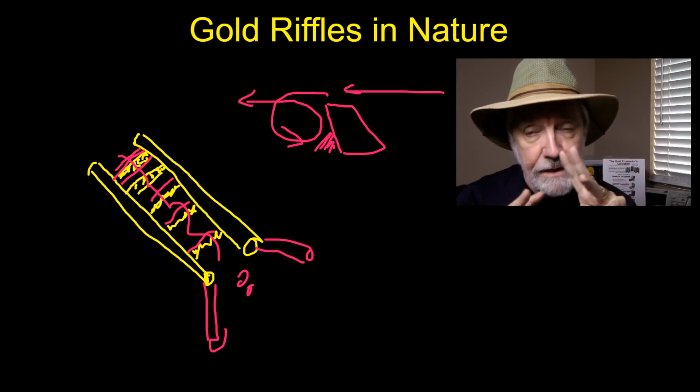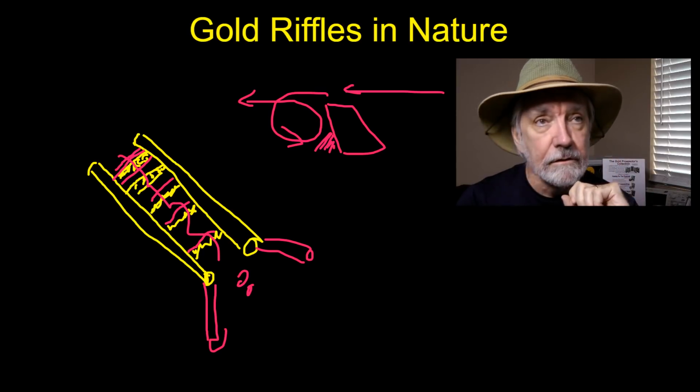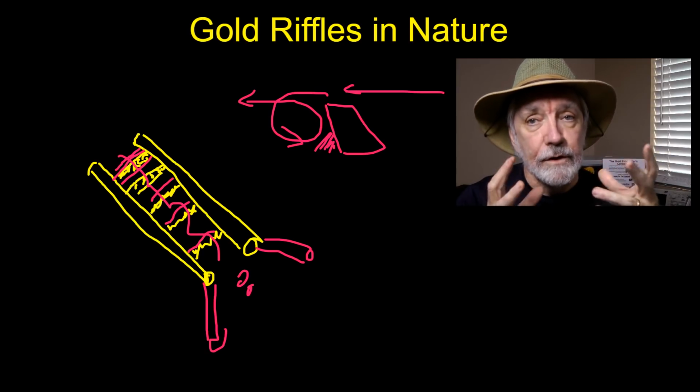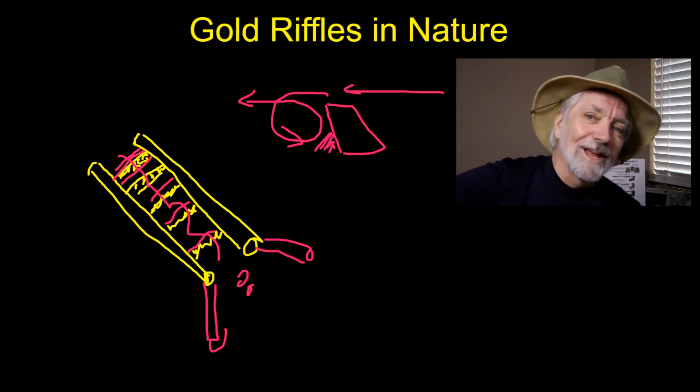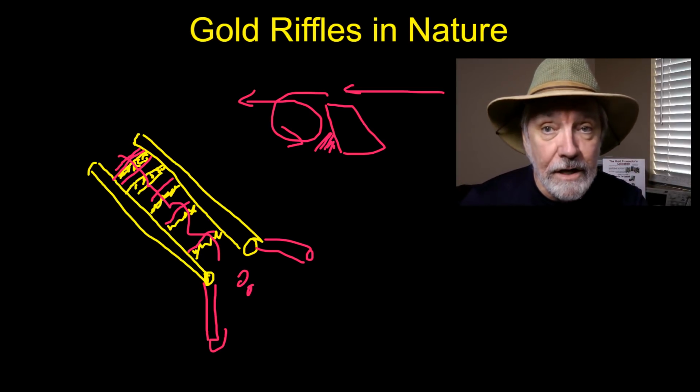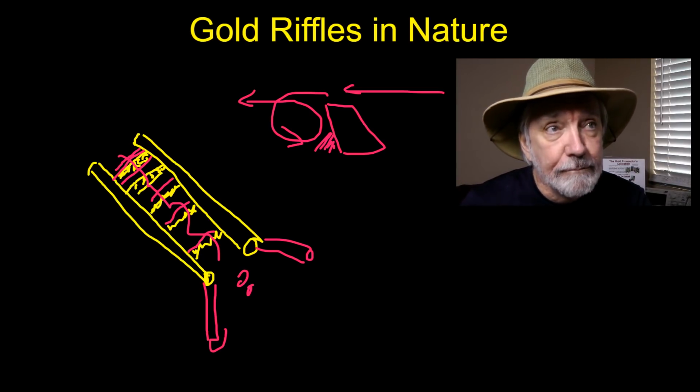You don't have very much control to make the dimensions very small on these things. You could if you had control of the material, but generally you're going to have some pretty crude riffles, okay? That means you're going to have some pretty crude amounts of material, which you compensate for by dumping a lot more material in the front end of the sluice and just letting this stuff build up.